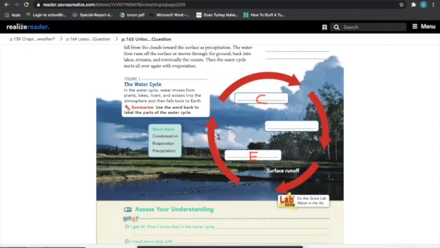As it gets higher up into the atmosphere, the temperature of the water vapor cools off, and then it returns into a liquid form. That's called condensation, and then it forms clouds. After it forms clouds, when clouds become heavy and more saturated with water, that water has to go somewhere. So the water falls back down to the earth via precipitation.